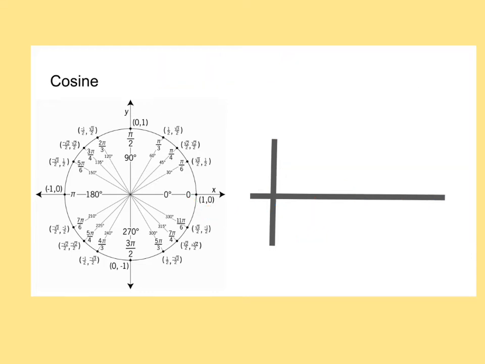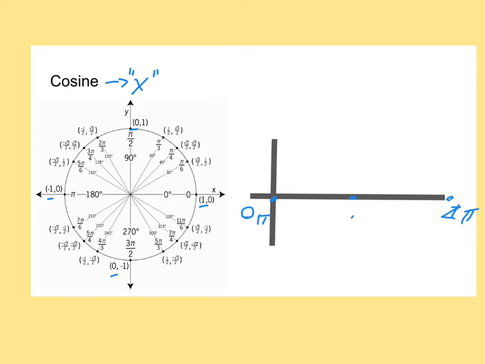Cosine is going to follow a very similar process. The cosine, well, that was usually our x values on the unit circle. Now x is in quotation marks because they're still going to be our output values, but they were the x's from our unit circle. We're still going to have our 5 key angles of 0, pi, 2 pi.